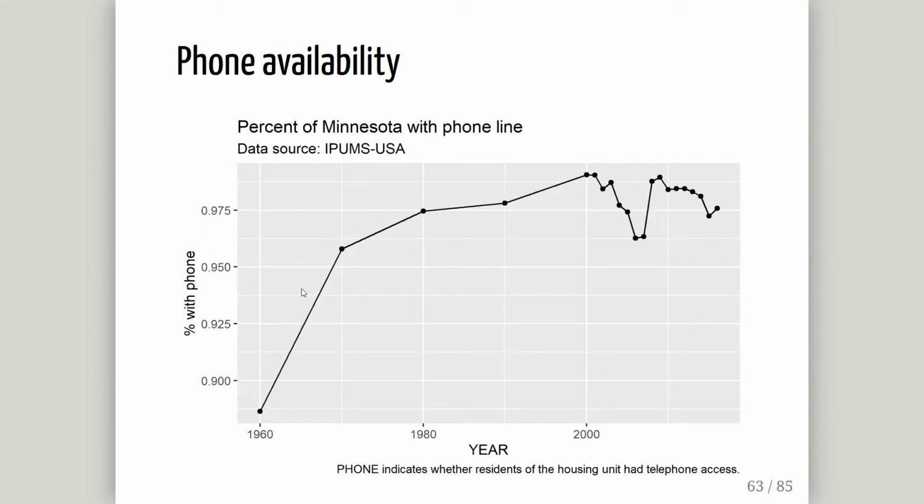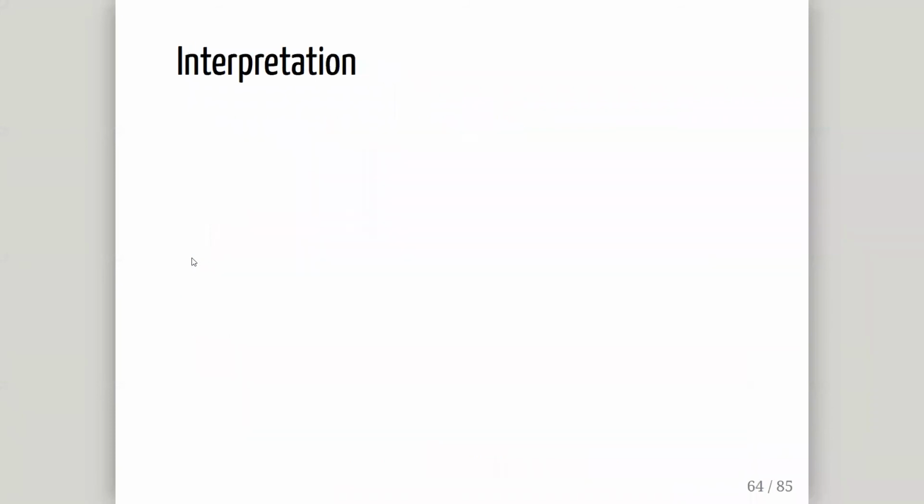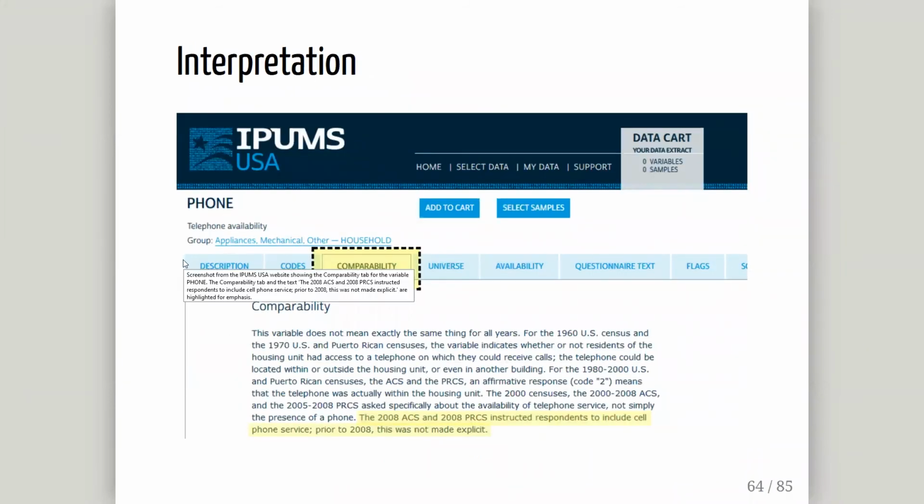Why would access to a phone line decline in the mid to late 2000s and then all of a sudden come back? So what's going on here? The answer we can actually find on the comparability page on the IPUMS USA website. This is available for all harmonized IPUMS variables, this comparability tab on the website.